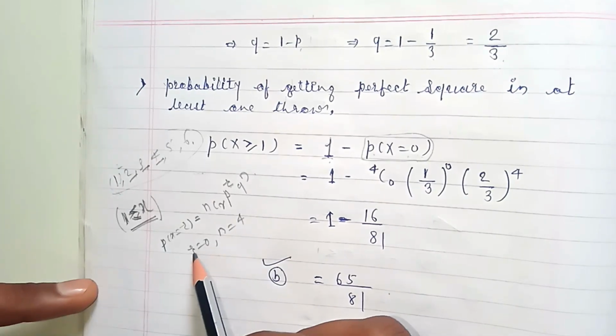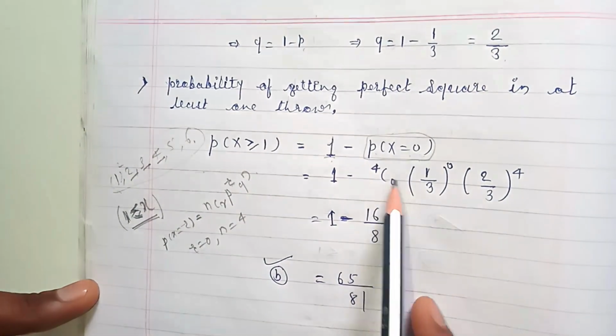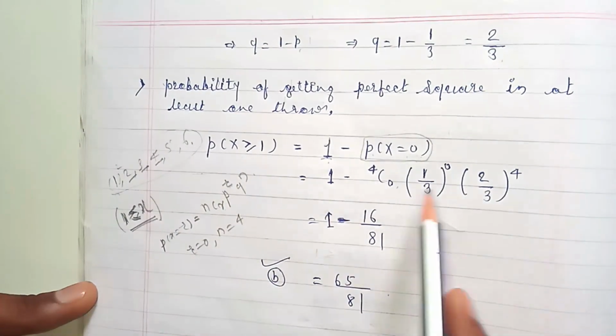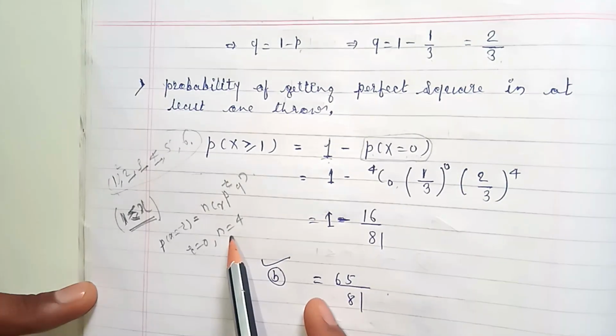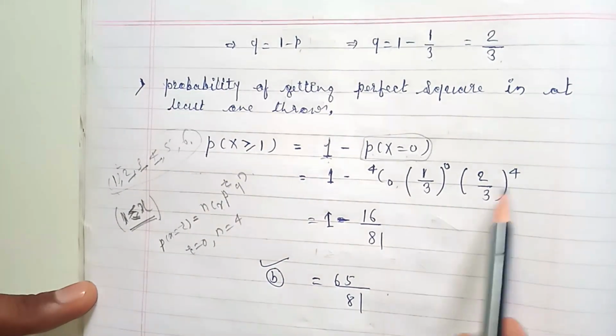So substitute all these values in our standard result: 4C0, p raised to r, p is 1 by 3, so 1 by 3 raised to 0, and q raised to n, 2 by 3 raised to 4.